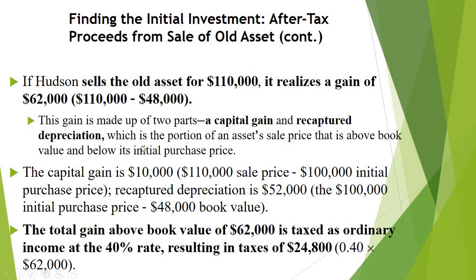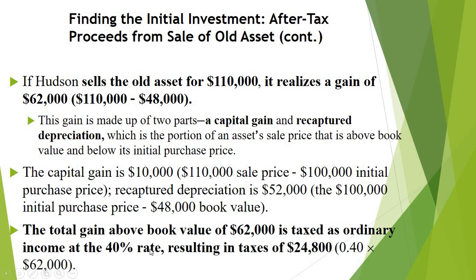Or we can simply find the total gain in this way. That's the selling price of this asset, which is $110,000, minus the book value of this asset, which is 48,000. That's $62,000. So the total gain above the book value is 62,000 and is taxed as ordinary income at 40%.